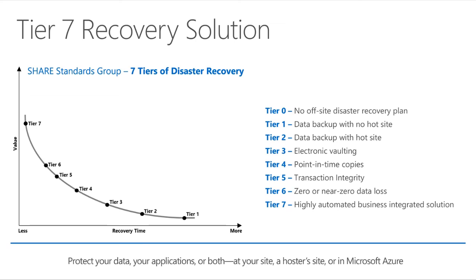Most of those range in the area of tier 1 to 4. Rarely do I talk to a customer that has a highly automated business integrated solution. Well, the good news is that's what Azure Site Recovery does provide you. It provides you every tier that you see here because it does give you the ability to do automation through orchestration.